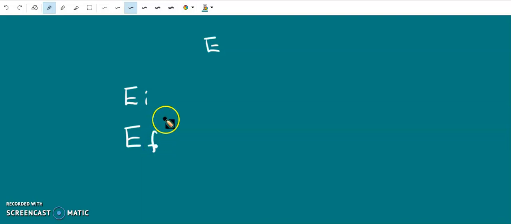So after the emission process, the atom has an energy equal to E final, and this E final is generally associated with the internal structure of the atom. And we have the law of conservation of energy and the law of conservation of momentum. According to the law of conservation of momentum, the final atom must have a momentum that is equal and opposite to the momentum of the emitted photon.